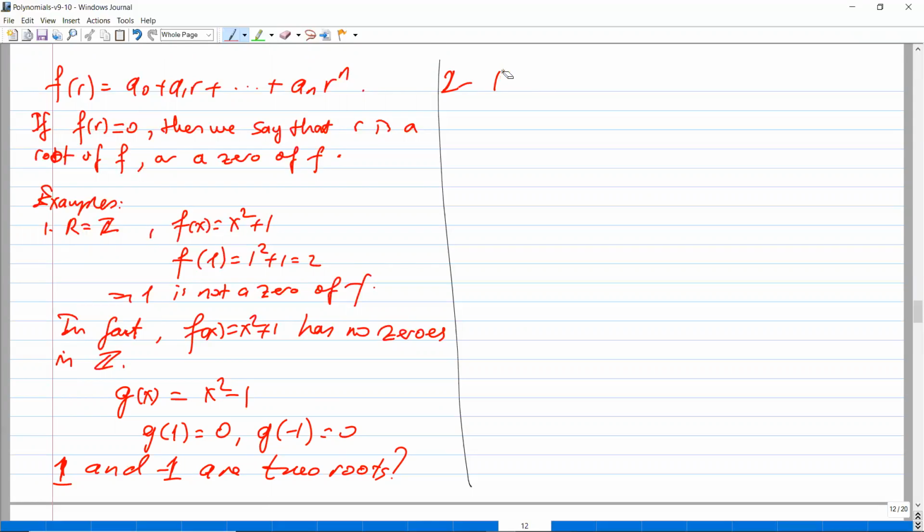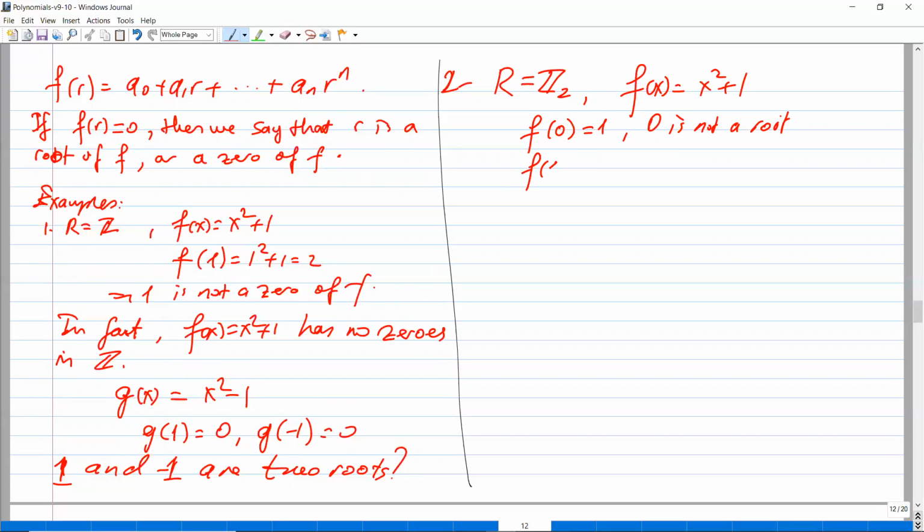Let's take R to be Z6 or Z2, for example. Then if we take f of x to be again x squared plus 1, then f of 0 is 1, so 0 is not a zero, so 0 is not a root of f of x in Z2.